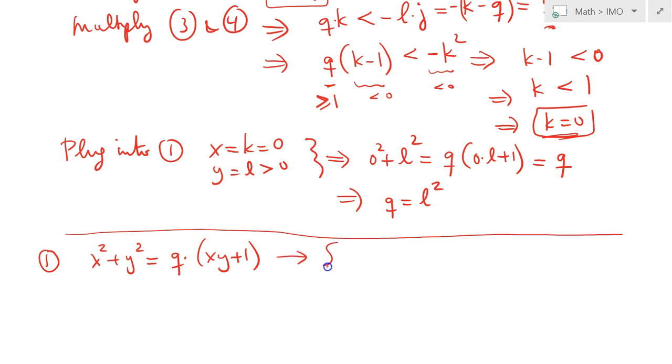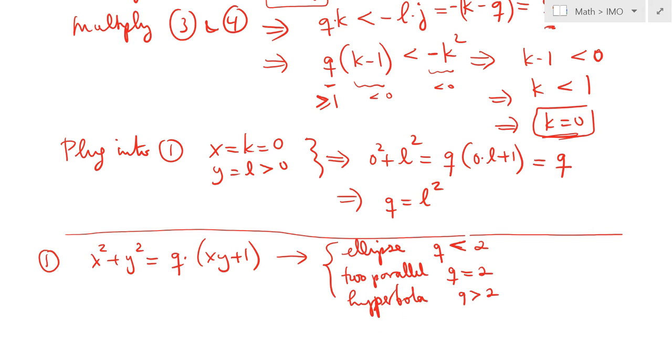So I claim this is an ellipse if q is strictly less than 1, and two parallel lines, actually, if q is less than 2, my apologies. Okay, let me rewrite this carefully. If q is less than 2, it turns out that this equation is an ellipse. If q is equal to 2, it is two parallel lines, and if q is greater than 2, we'll get a hyperbola.